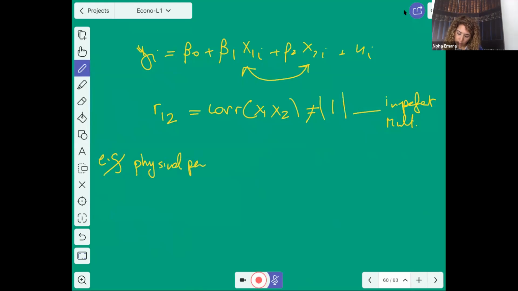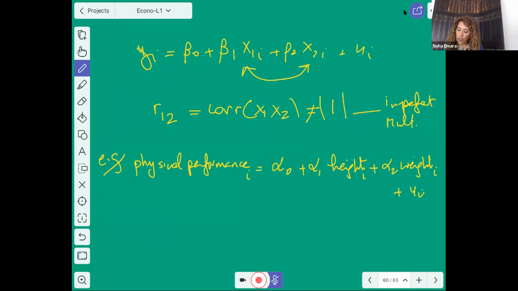So I'm saying the physical performance of a certain person is equal to a certain intercept, alpha naught, plus alpha 1 times the height of the person, plus alpha 2 times the weight of the person, plus a certain error term. I have i here because I'm assuming that I have a sample of, let's say, 10, 30 people, whatever.